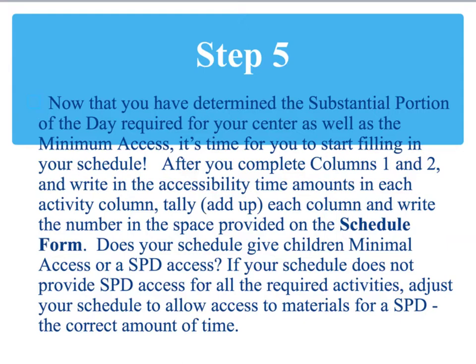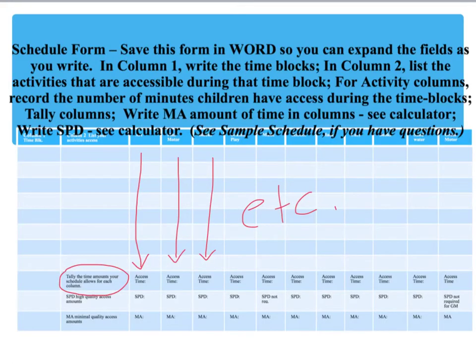So you're striving for substantial portion of the day, but you want that to be the least amount. You are going to find that some of your centers are going to go well above that, simply because during your arrival time and during your departure time, you are deciding that only a few centers are going to be open. And when we get to the schedule sample, I'll show you what that looks like.